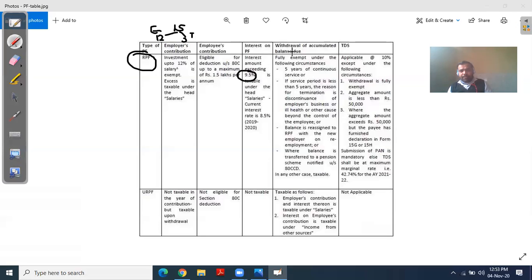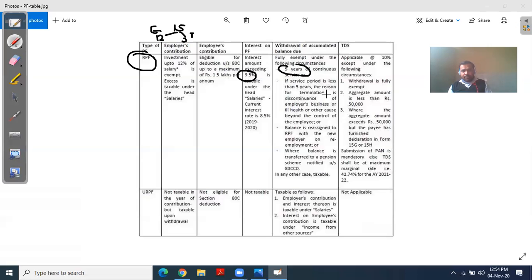Withdrawal of accumulated balance is fully exempt under the following five circumstances. First is 5 years of continuous service.